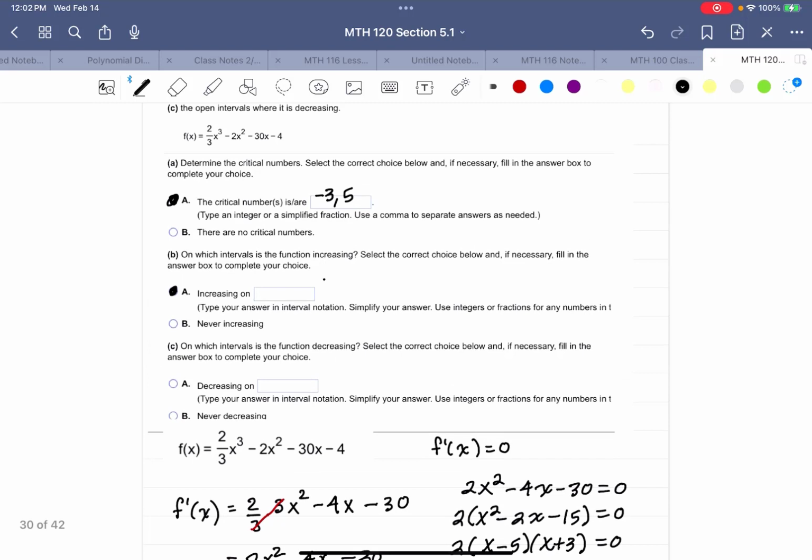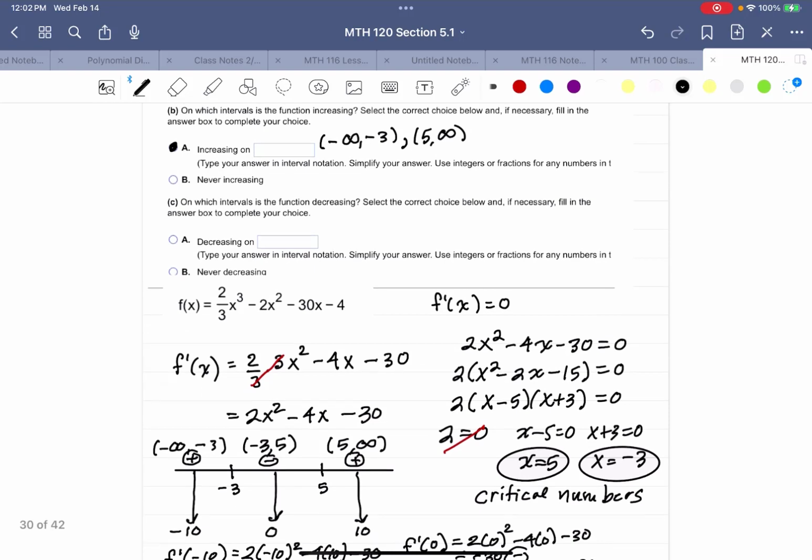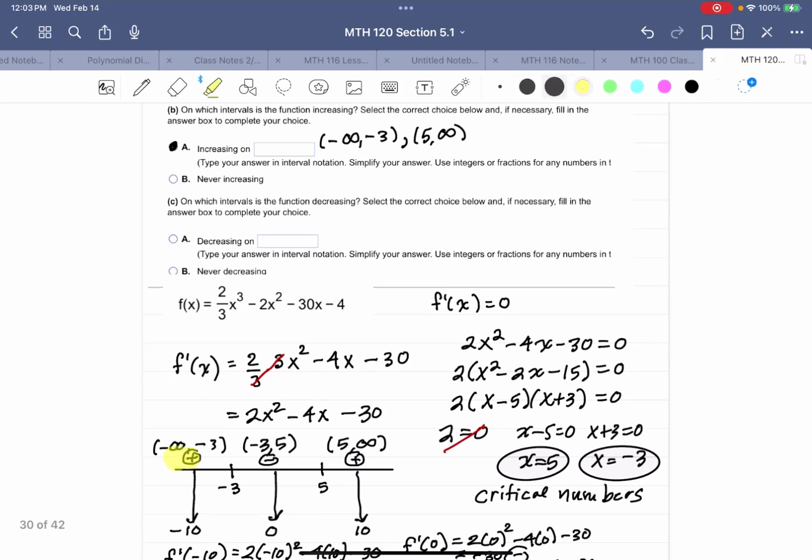So from negative infinity to negative 3, comma, from 5 to infinity. That's where the derivative was positive. And that means that it's going to be decreasing from negative 3 to 5.